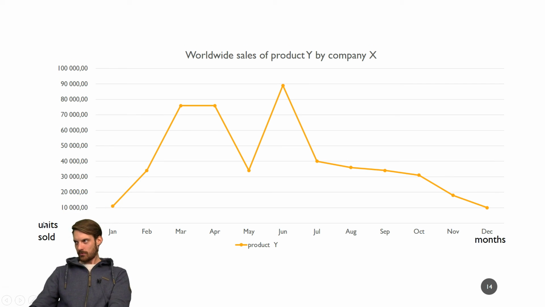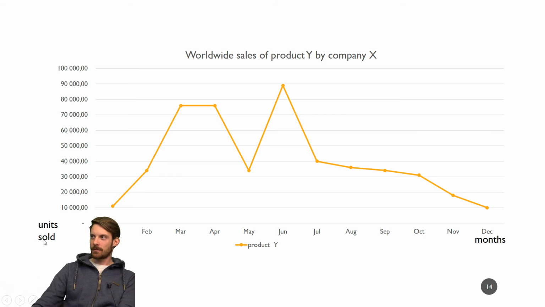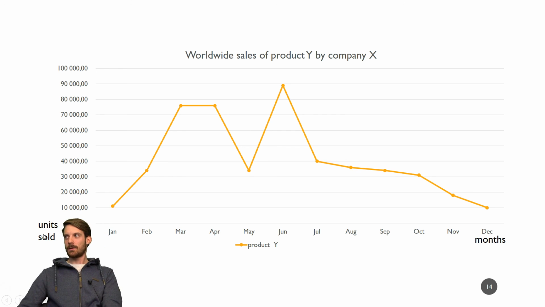In this case, it shows worldwide sales of product Y by company X. On the vertical axis, you have units sold, and the horizontal axis shows the months.